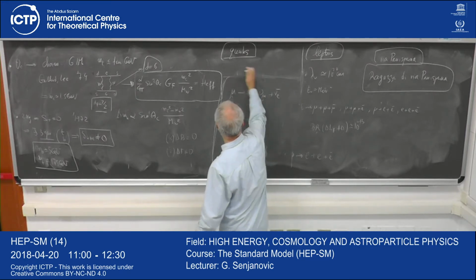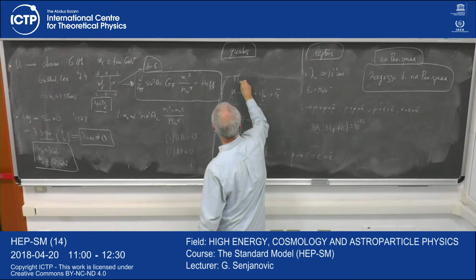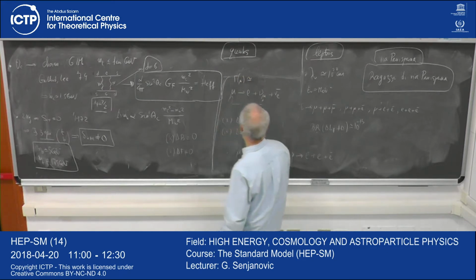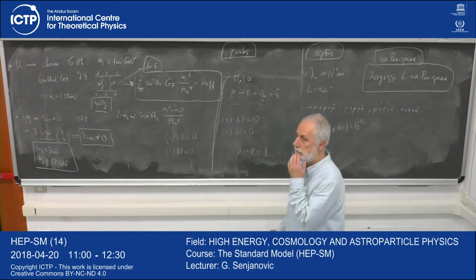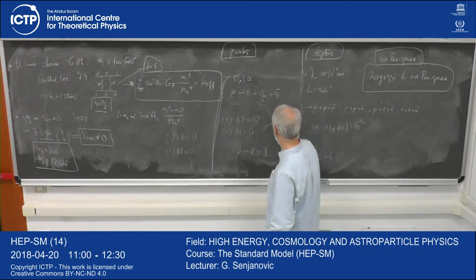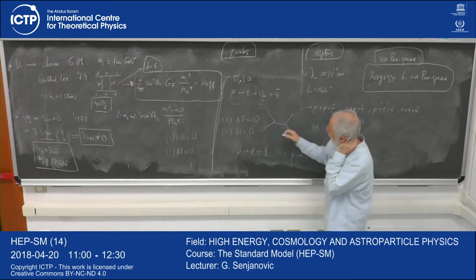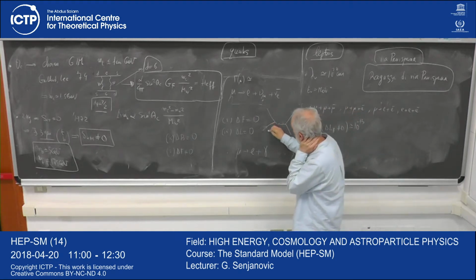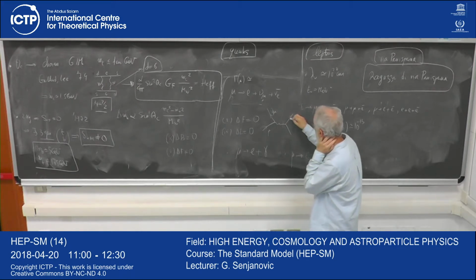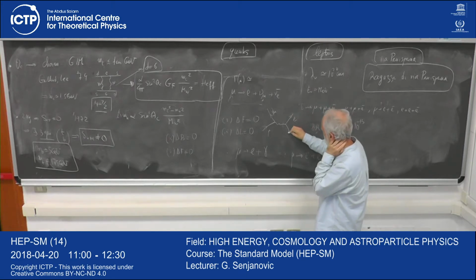Well, let's just write here, gamma mu. This is the main process. If I'm lazy, how will I estimate this? It goes through the exchange of W, right? Emission and absorption. Mu enters. Mu goes out. Electron goes out.